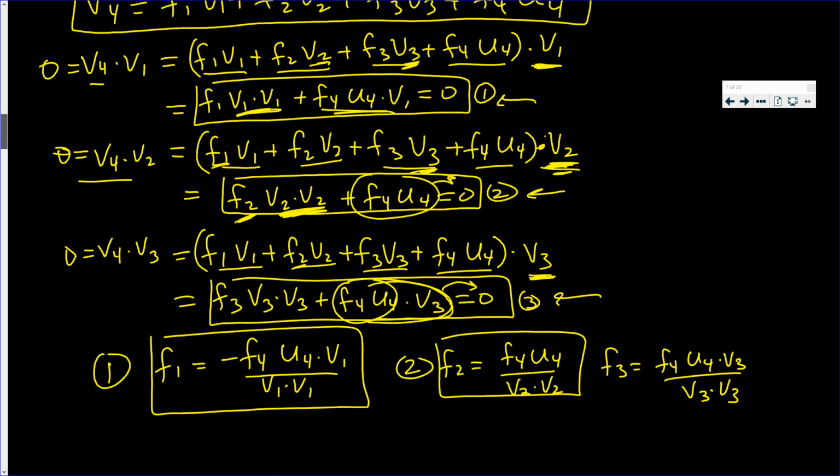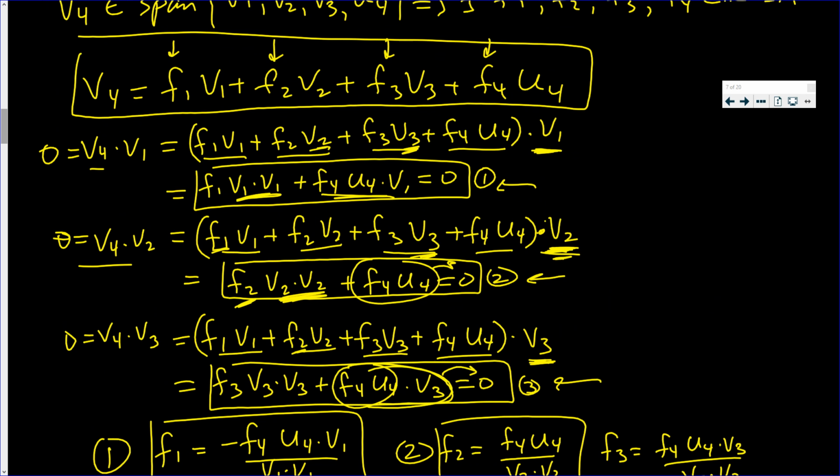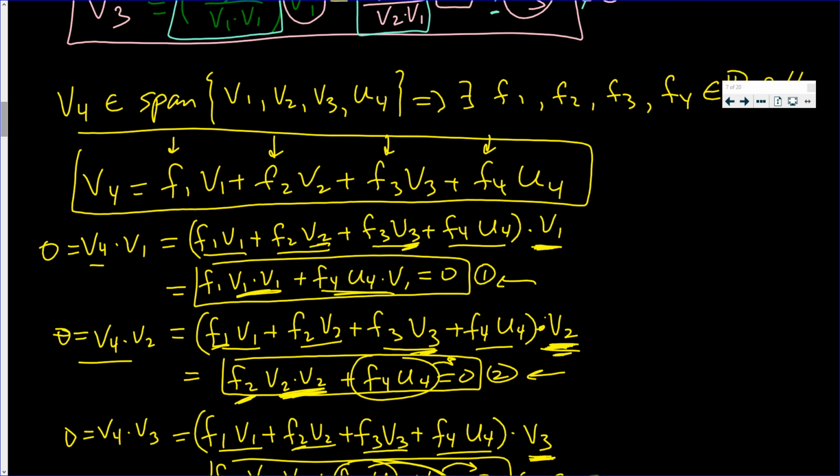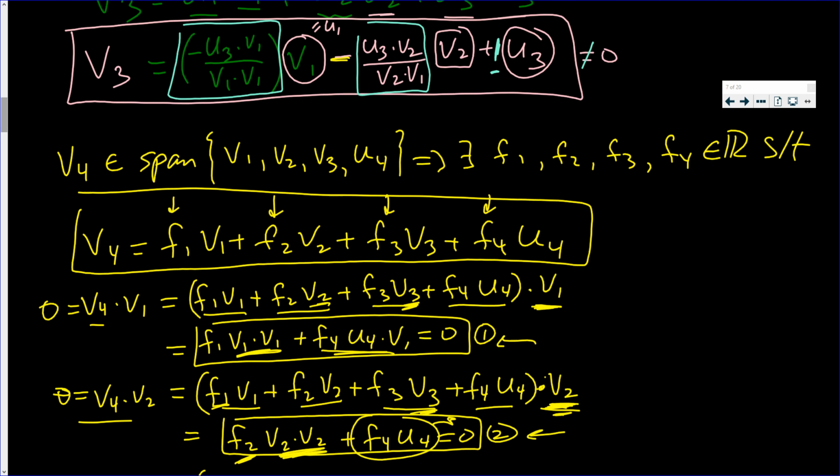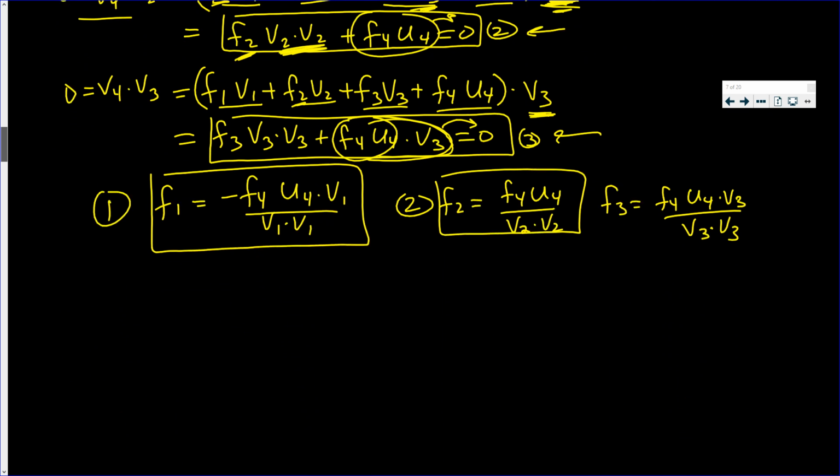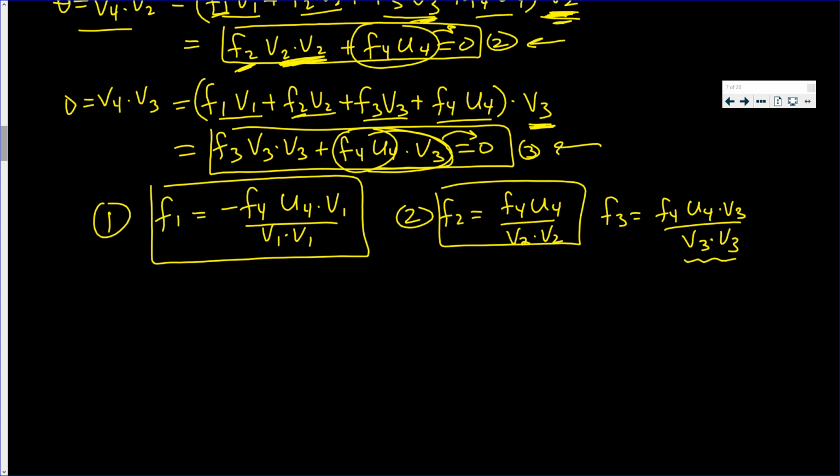Remember, somewhere earlier I showed that V3 was not 0, like right here. V3 is not 0, so V3 dot V3 will not be 0. Okay, so I have this.